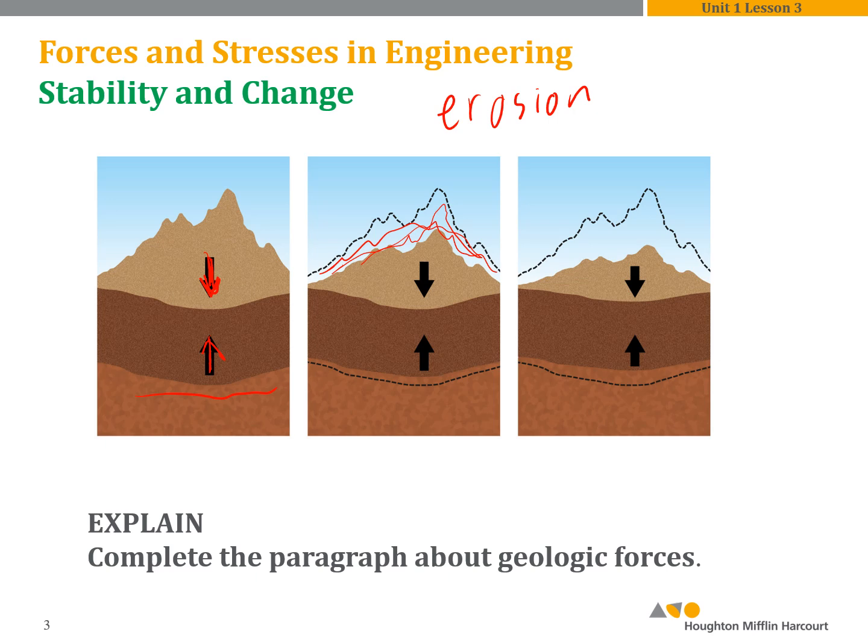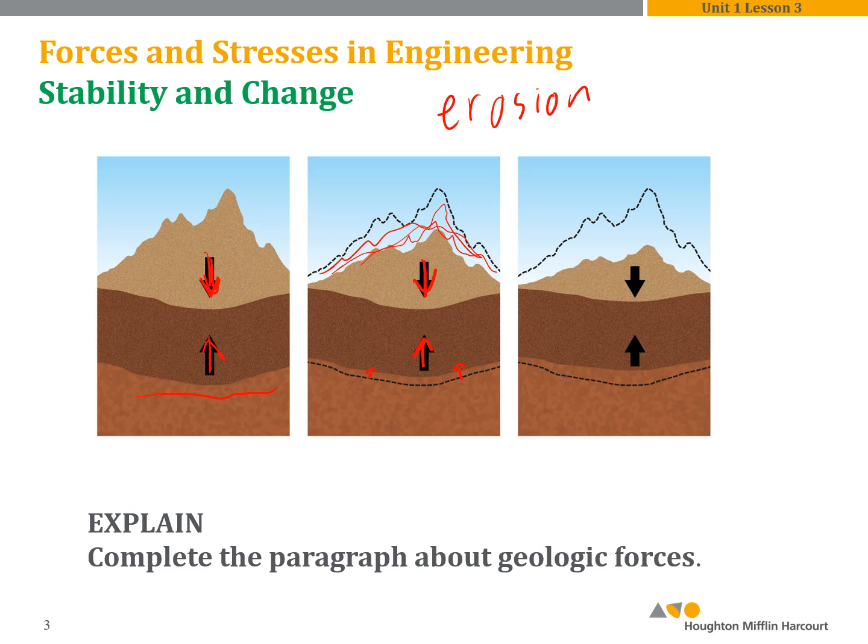And now there's less of a force pushing down. And so what happens is the crust can still push back with the same amount of force, but now the upward force is greater than the downward force of the mountain.